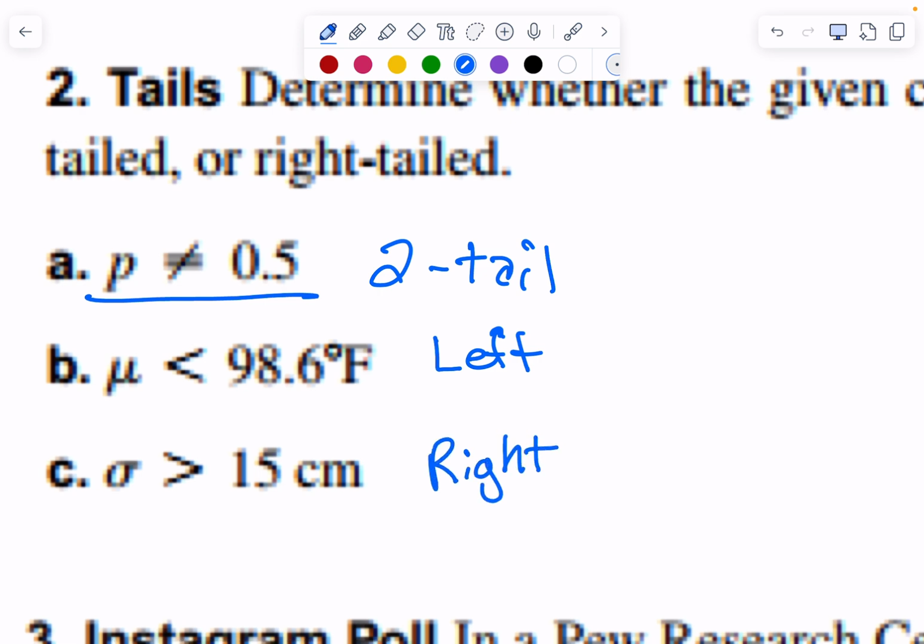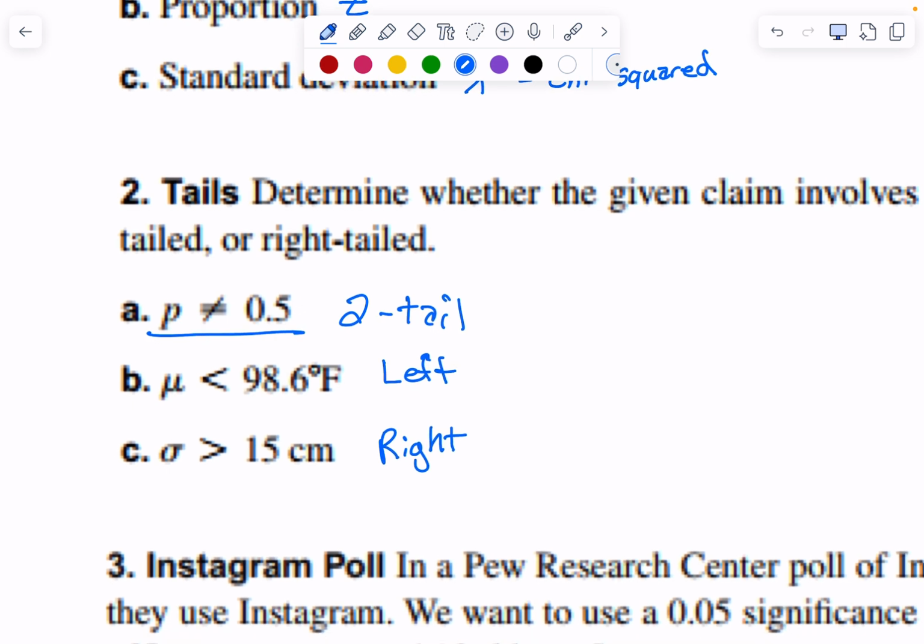If that's the case, do all of those go in H0 or H1? H1. Yeah, those will. Those ones will all be H1s, right? Because the top one's always equal to.